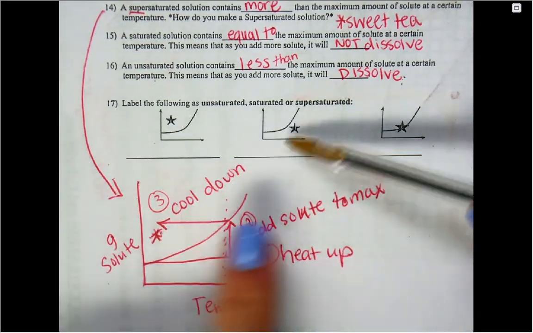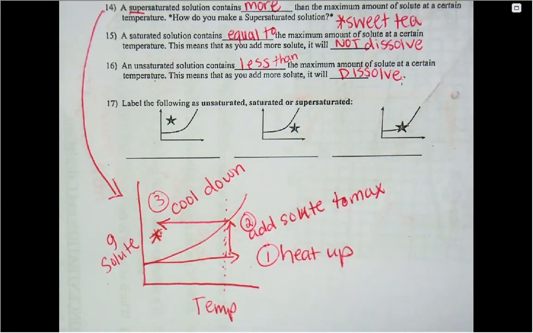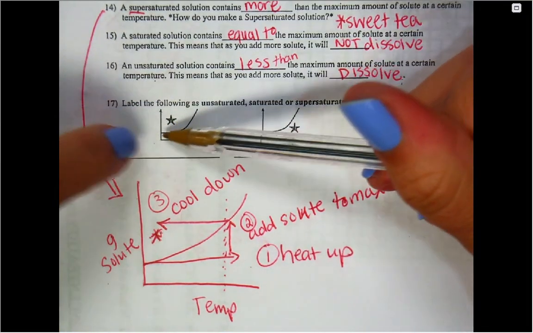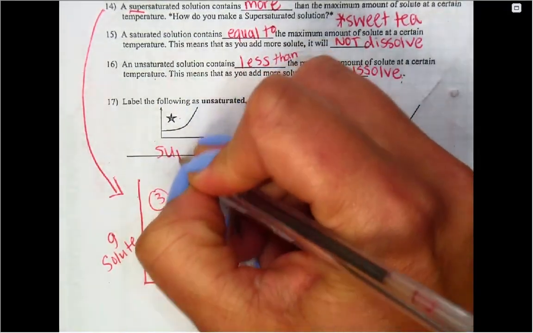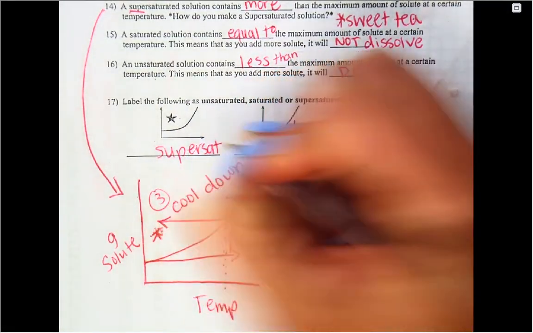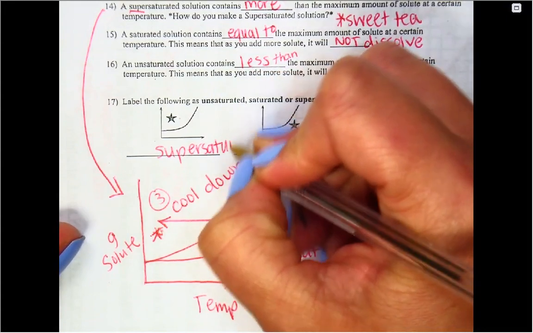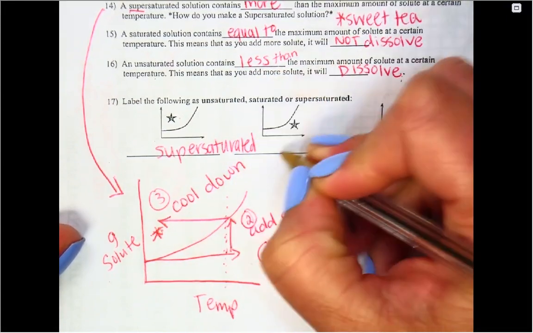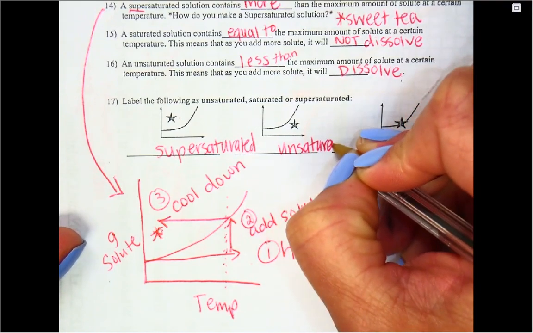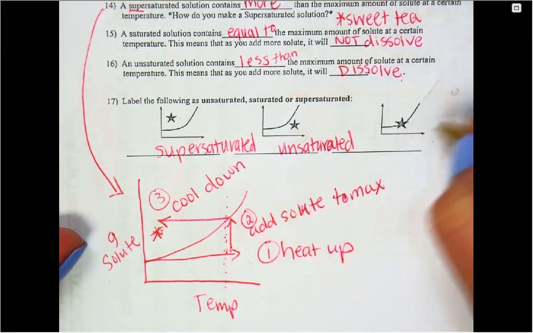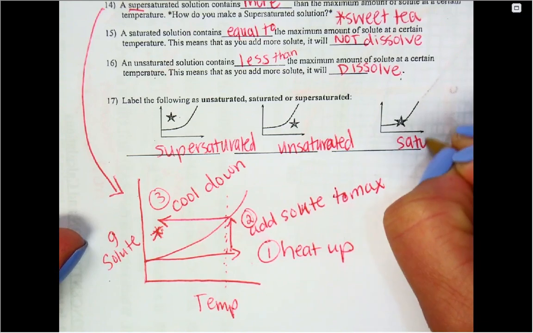And then we have our 3 examples of where our dot is. This is that part where I was saying, when you're comparing where the dot is to the line. This is above the line, so this would be supersaturated. This is unsaturated. And the last one is saturated.